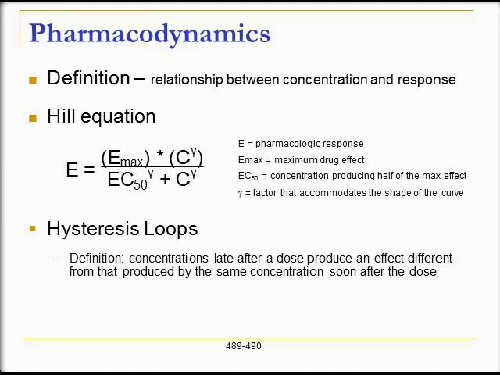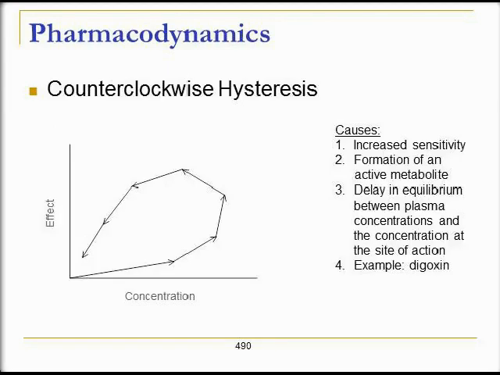And then based on the drug's pharmacodynamic qualities, we can develop hysteresis loops. And hysteresis loops are when concentrations late after a dose produce an effect that's different from that produced by the same concentration soon after the dose. So here's a counterclockwise hysteresis. And you see on this particular equation that the y-axis is effect and the x-axis is concentration.